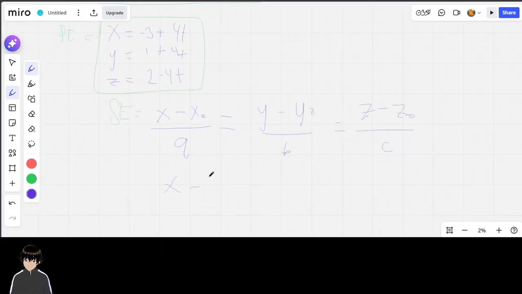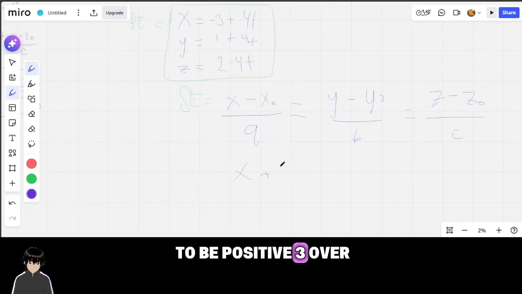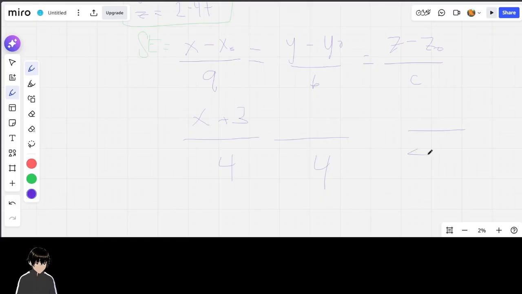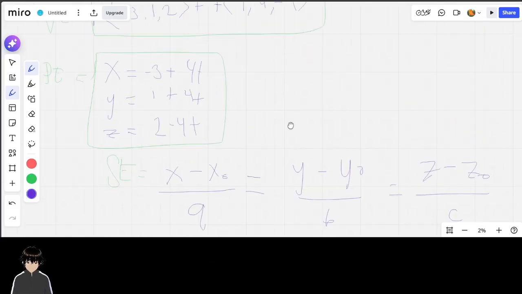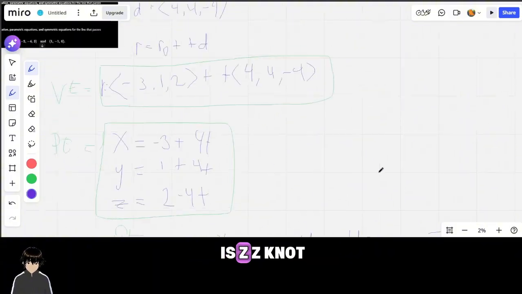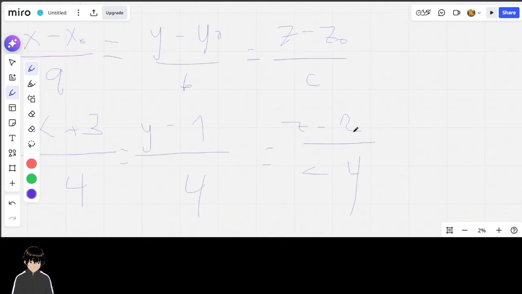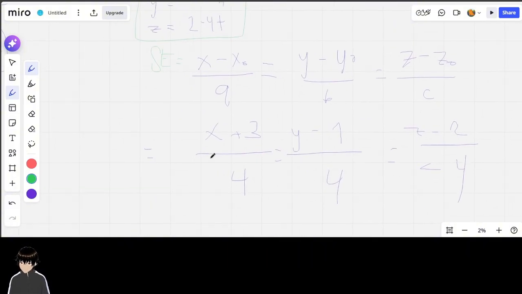X minus negative 3 is going to be plus 3, over a, which is 4, then y minus 1 over 4, and z minus z naught, z naught is 2, over negative 4. So that is the symmetric equations.